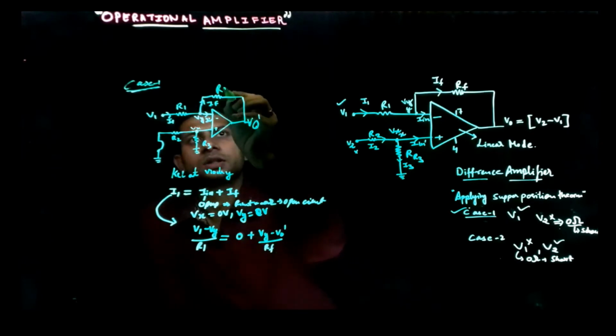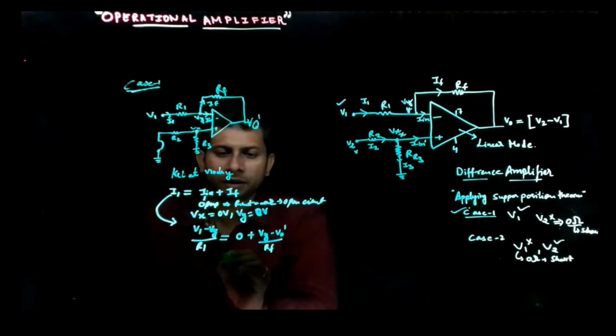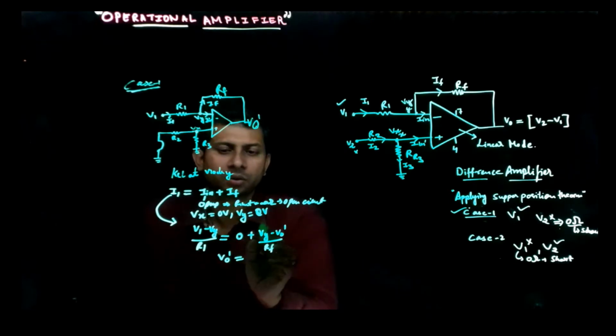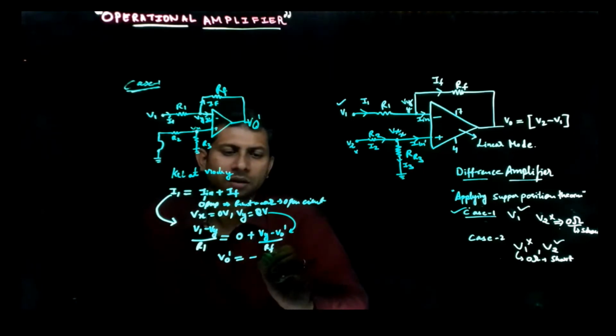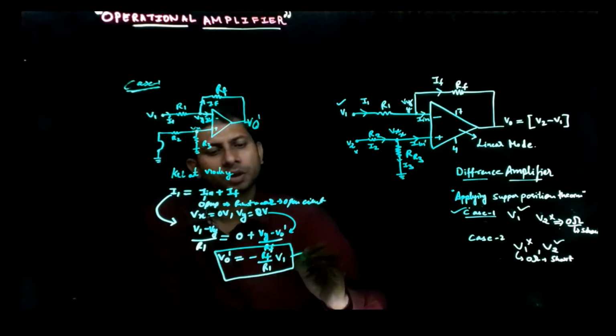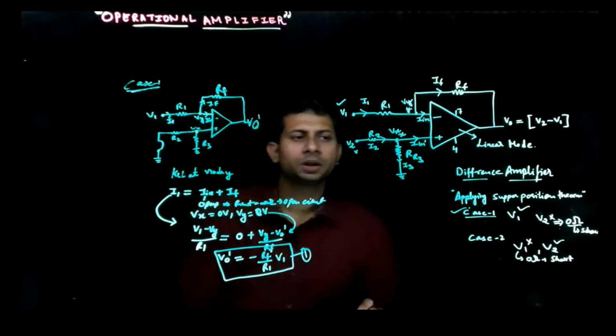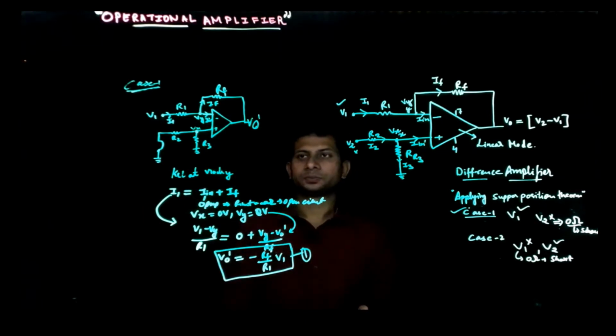Here this resistance is Rf, and we put Vy equal to 0 in this equation, then V0 dash is equal to minus Rf upon R1 times V1. Okay, let this be equation number 1.